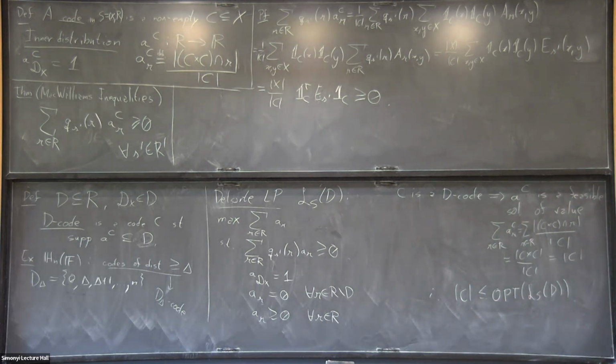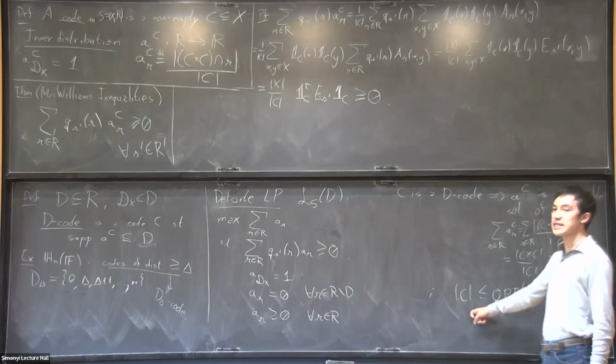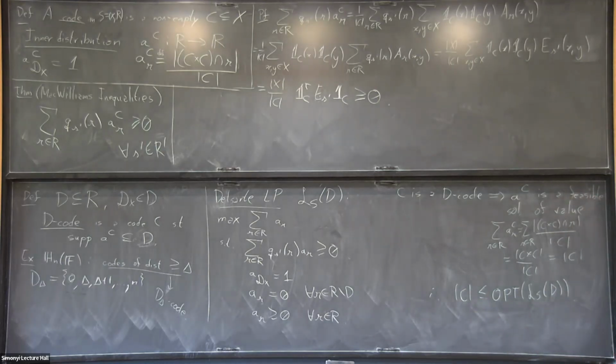But the value is the size of the code. In other words, if you compute the optimal value of the LP, it's always an upper bound for the size of a D code. The optimal is the maximum of this value.